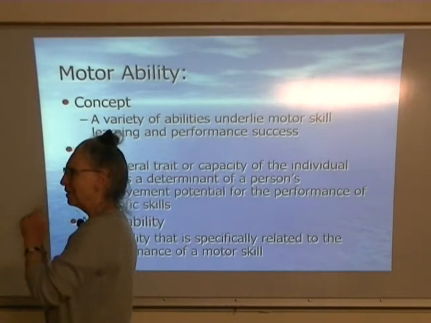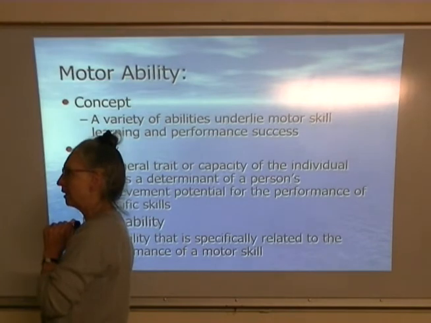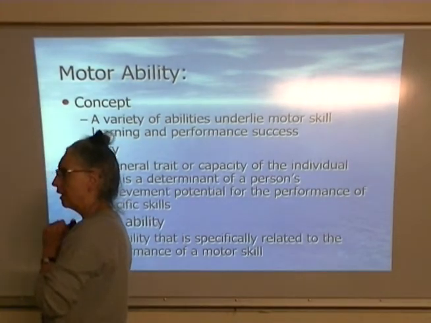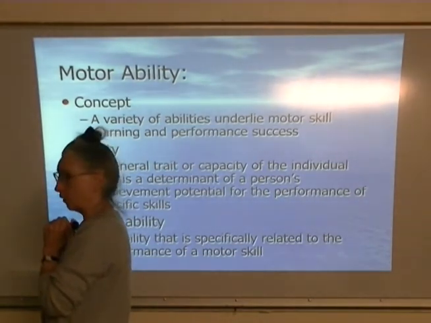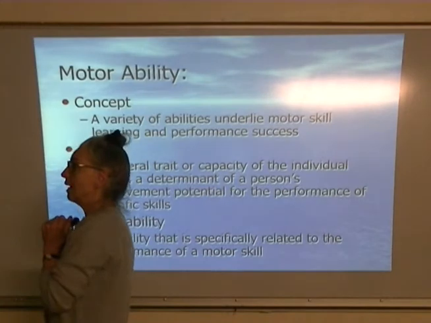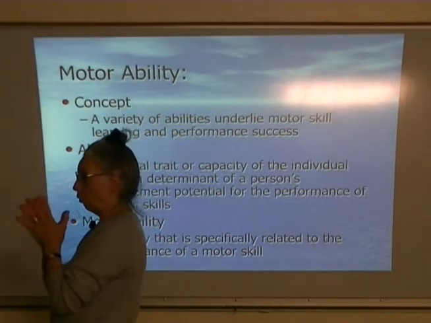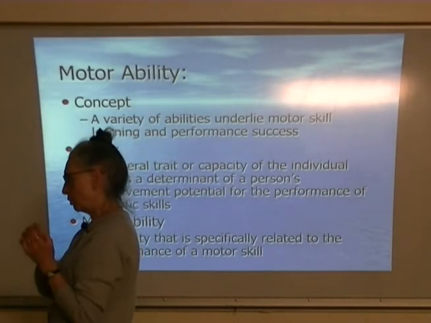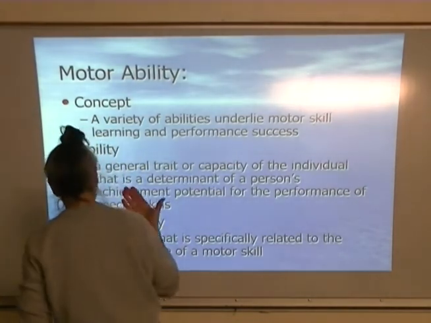So I cannot run 100 meters in 9 seconds. It wouldn't matter how hard I trained. It's never going to happen because I don't have that body. So this is a good teaching point: we have to be very, very careful with the language we use when we are movement teachers.